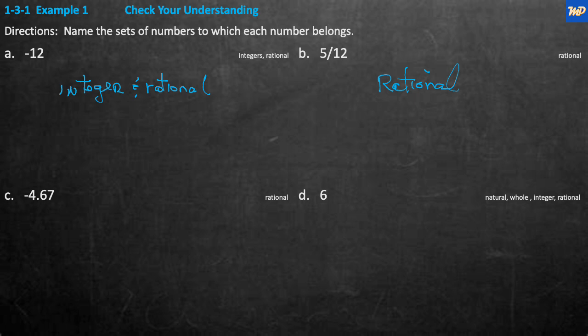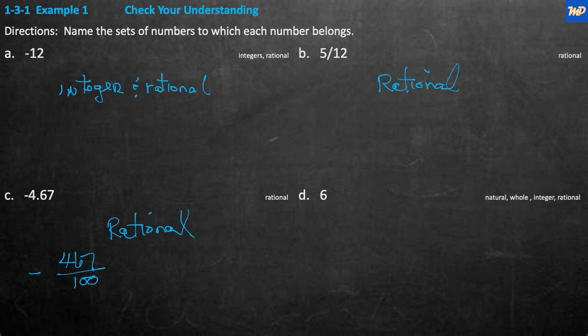How about C, negative 4.67? Well, it's a rational number. It's not an integer because it's 4.67, right? It's rational because it can be defined as 467 divided by 100, and it's negative, so it makes it on the negative side, but it's a rational number.